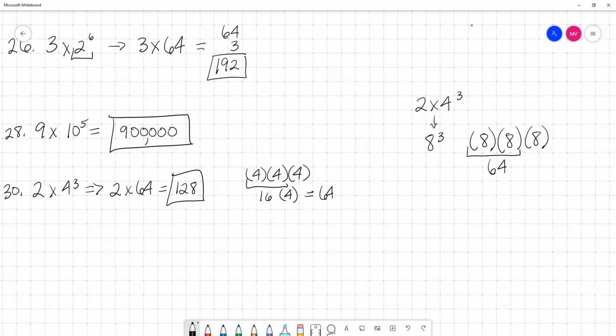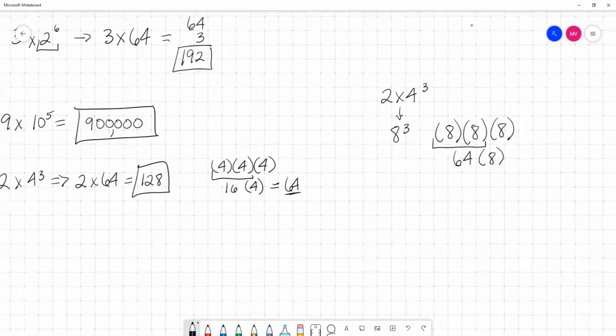It's 64, which is starting to make us think we're on the right track, right? Because 64 is the same thing as 16 times 4. But now we're multiplying it times 8 instead of times 2. So what's 64 times 8? 32, 3, 48 plus 3, 51, 512. So it's a lot more than that.